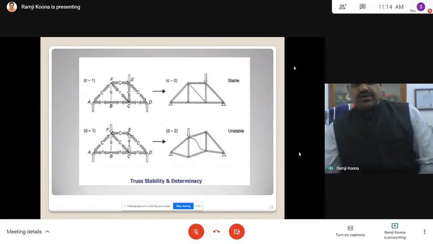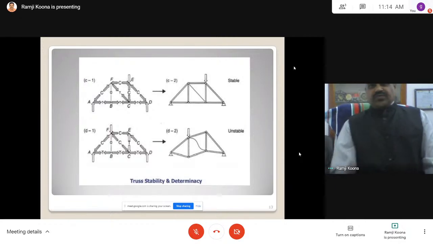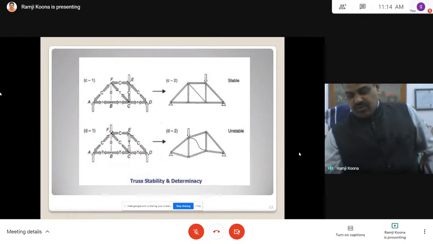Okay, now this is what is called stable or unstable. Truss stability and redundancy. That means if I connect one more member, this is one member, this is another member also. It is not required even if it is more rigid, but that is the redundant structure.